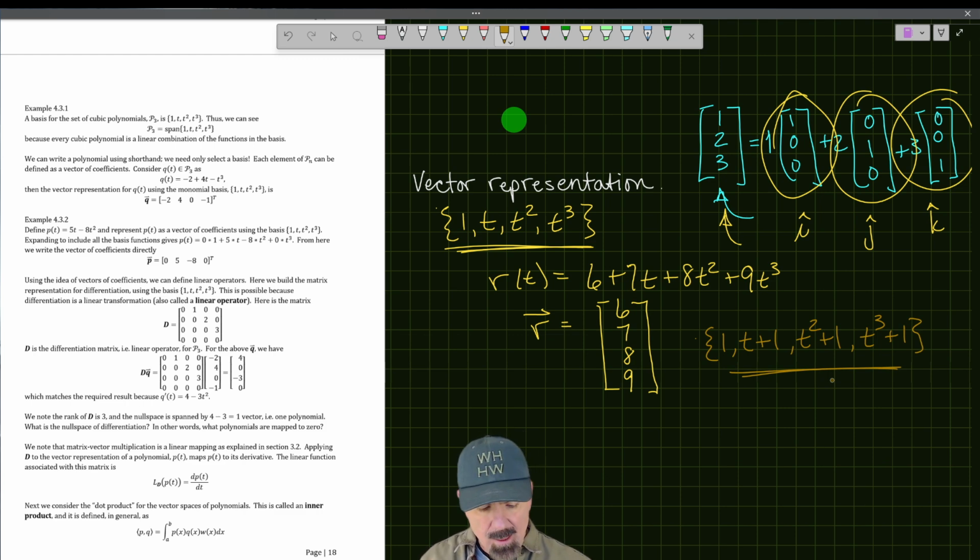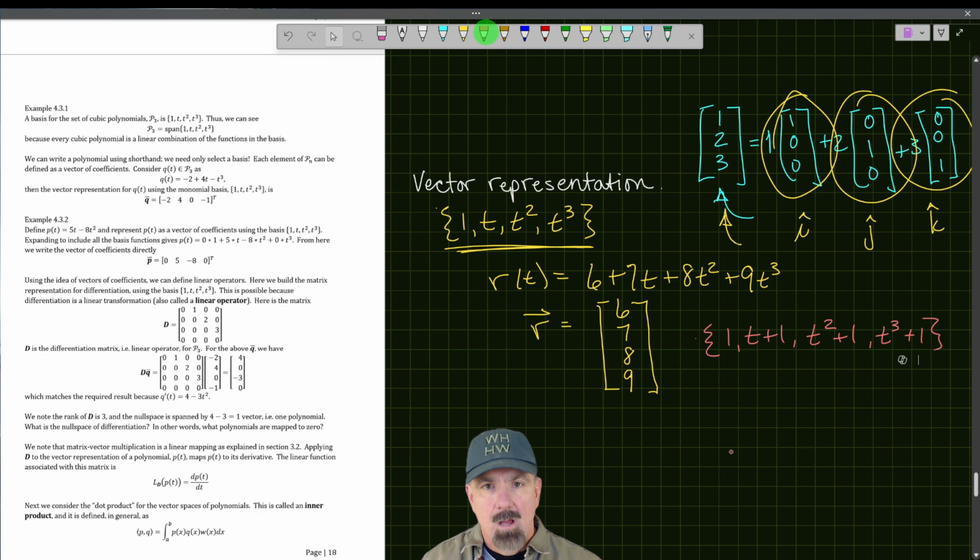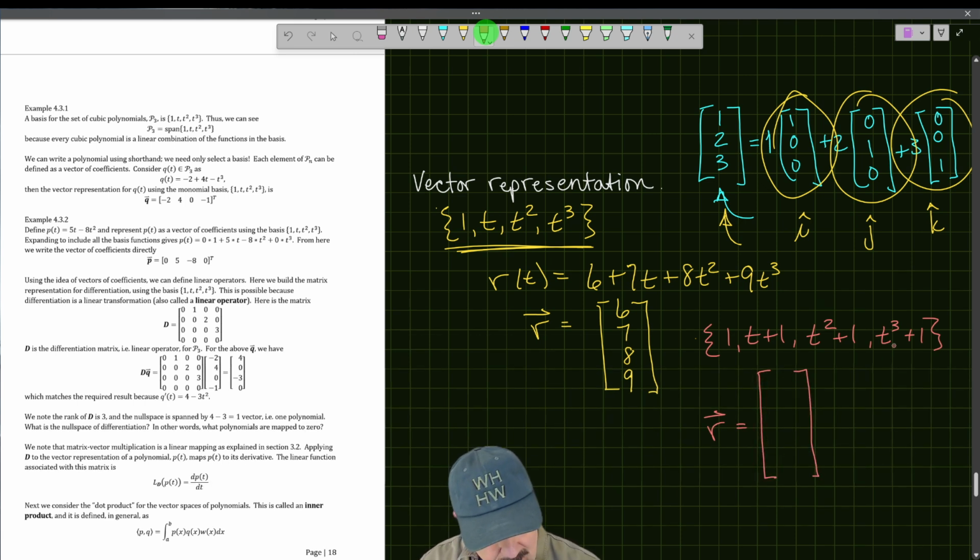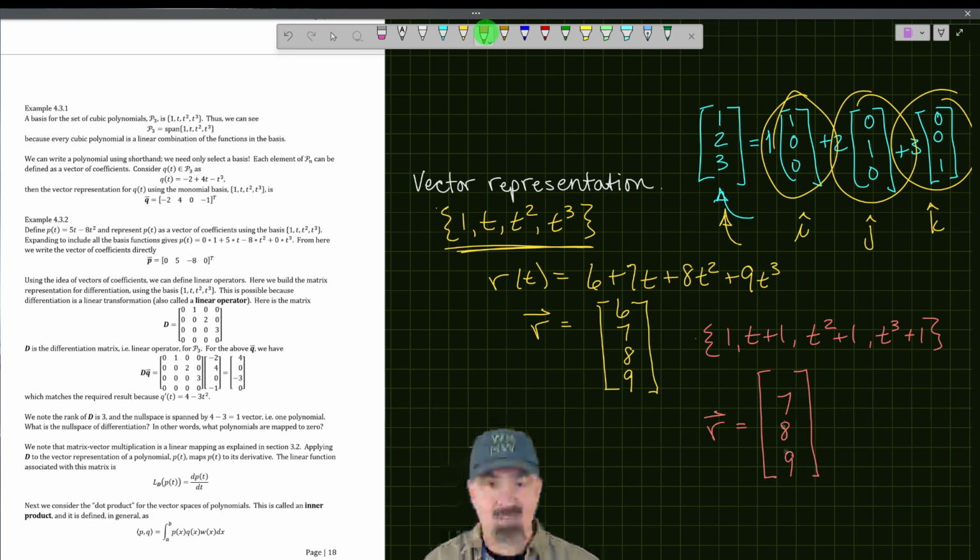If we did, then the function that we have up here would actually have a different representation. Right? Let's think about what that representation would be. I'm going to switch to red because this doesn't show up so well. Let me just erase and rewrite it in red. All right, so what I want is the r vector in the red basis. Well, in order to get the correct t cubed, that's going to have to be 9, that's going to have to be 8, that's going to have to be 7.